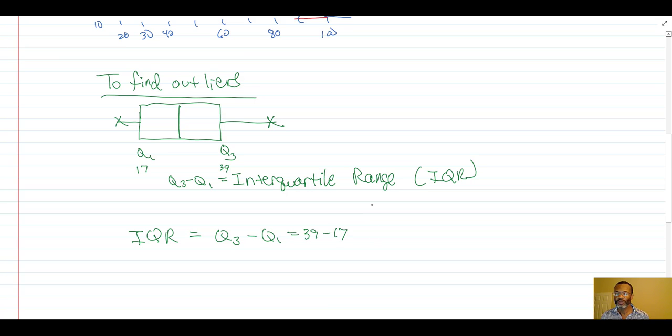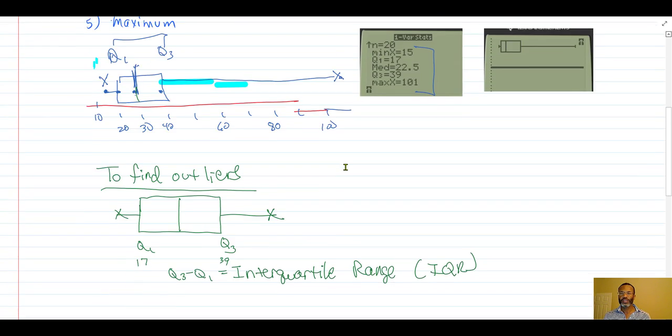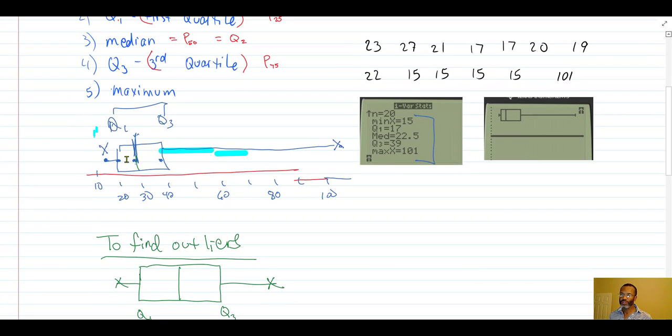The IQR should always be positive. So that's 22. So a distance of 22 plus 1/2 is what we're going to consider when looking at our original box plot.